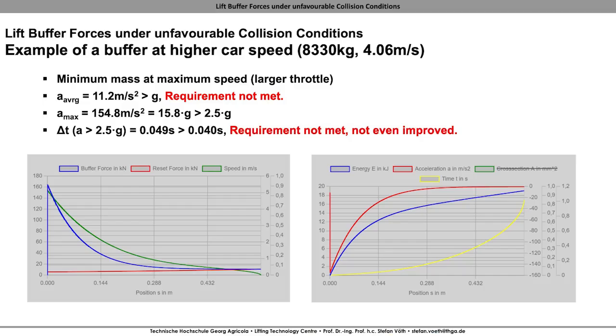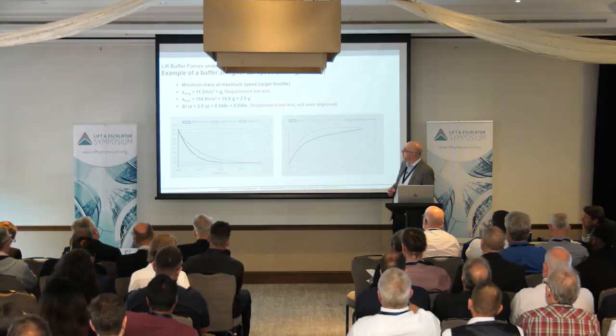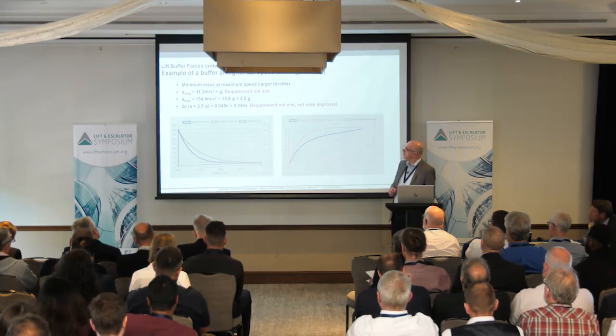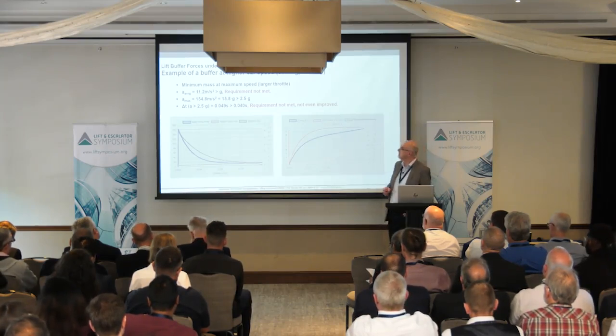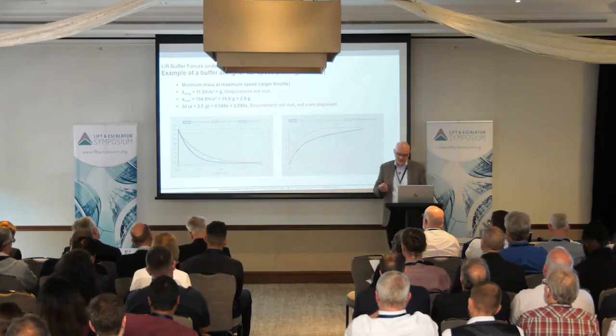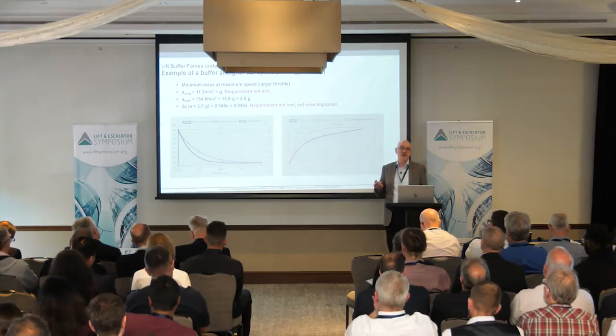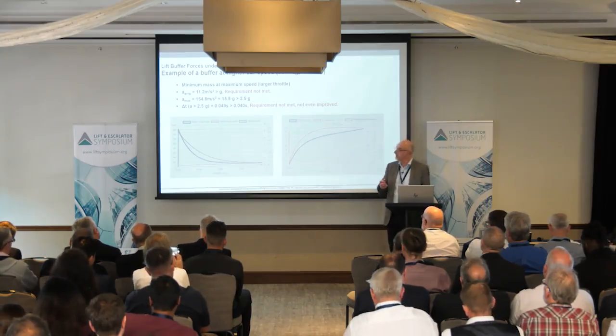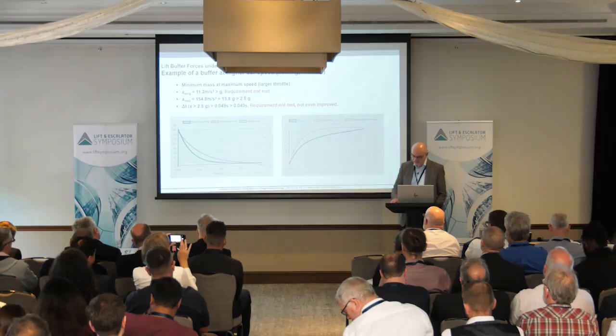But if you look at minimum mass, this measure in fact does not help. The time of high decelerations even increases. You can see 49 milliseconds. So you can say the compensation was a compensation in the wrong direction.